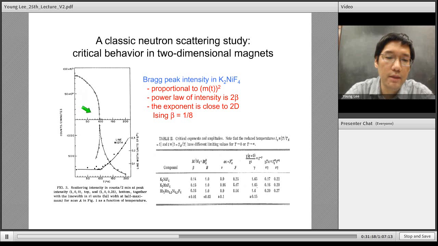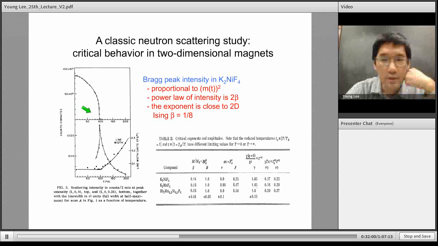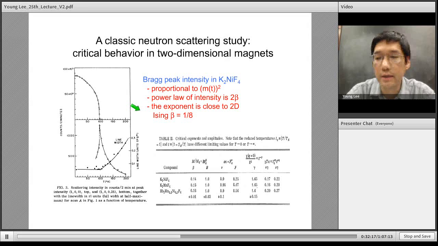And you can see that this transition looks very sharp in the sense that this has a very almost vertical slope when it onsets. And that goes hand in hand with having a small value for the exponent. And 1/8 in the Ising model is a very small value. So this exponent is consistent with the two-dimensional Ising exponent.